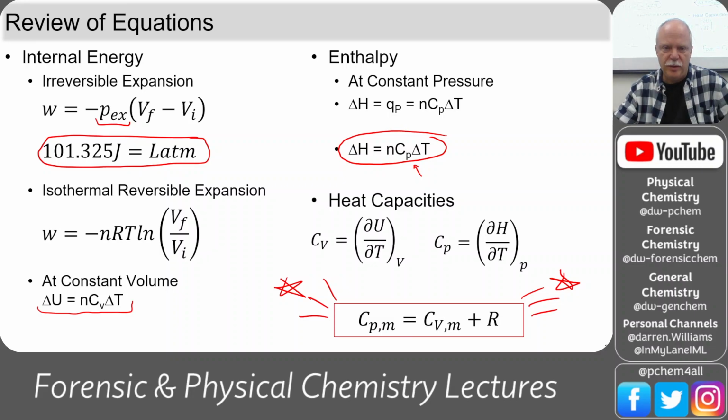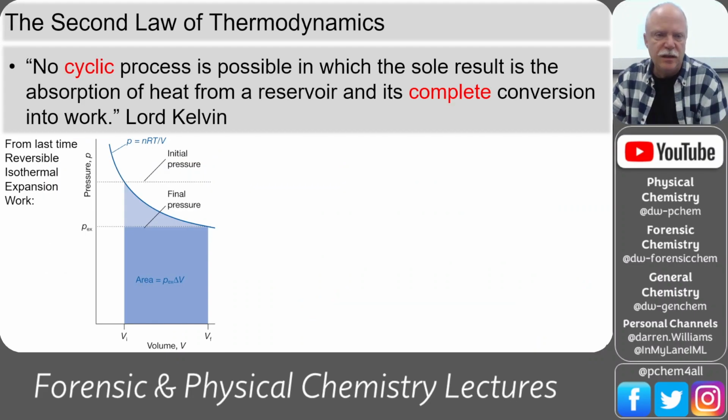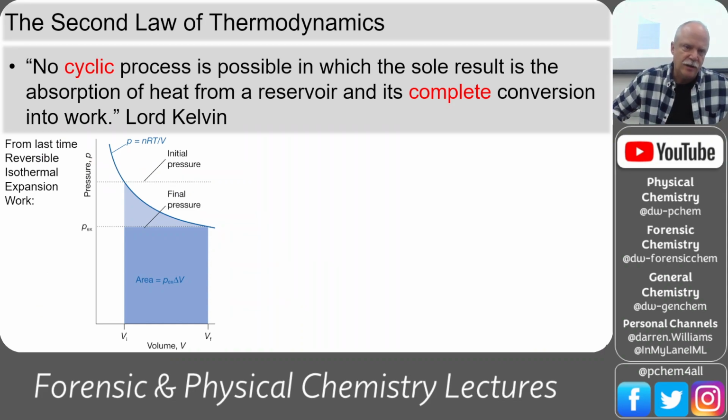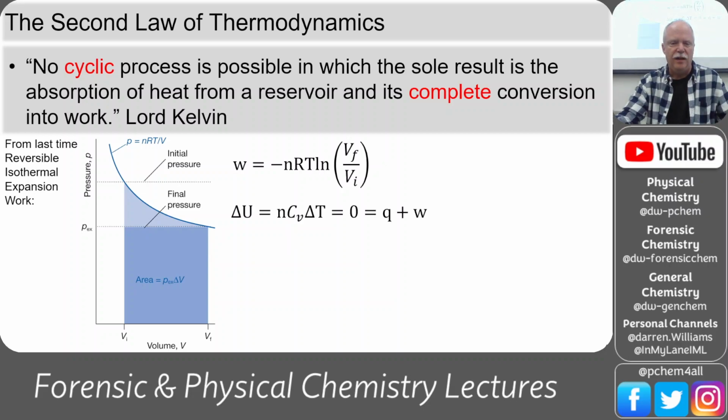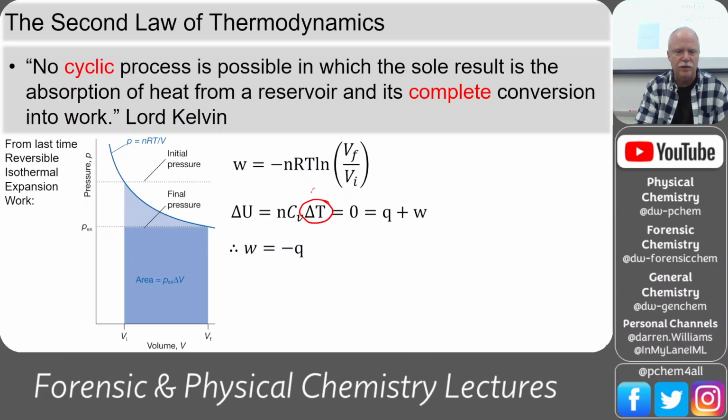So let's jump into entropy. So this is one of the statements of the second law of thermodynamics: no cyclic process is possible in which the sole result is the absorption of heat from a reservoir and its complete conversion into work. And so you might say, but wait a minute, we did isothermal reversible expansion, we calculated the work, and because it was isothermal, delta T was equal to 0.